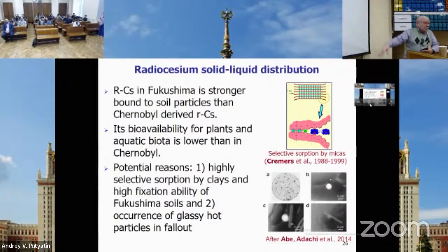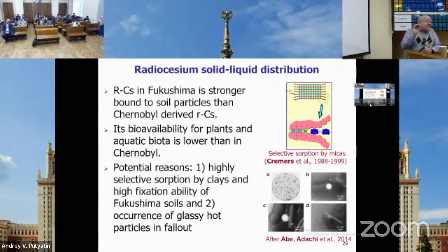For strontium also. For the whole list of radionuclides, there are specific sorbents, and they use these sorbents to catch all the radionuclides from this contaminated water. And then they have, more or less, cleaned or purified water.